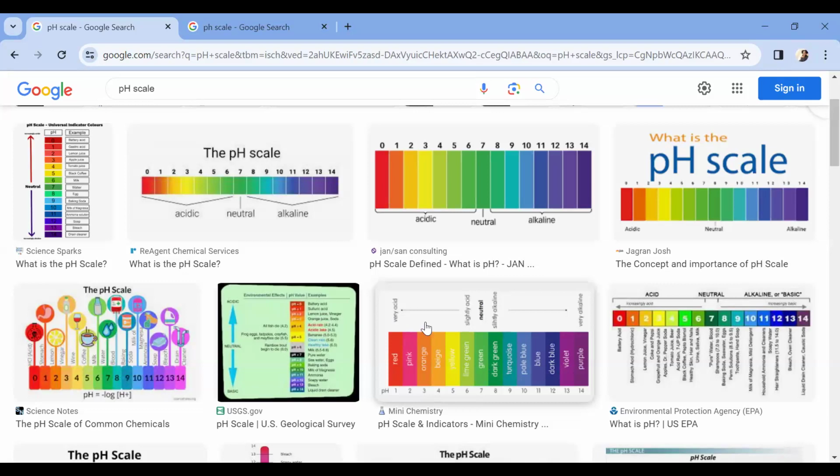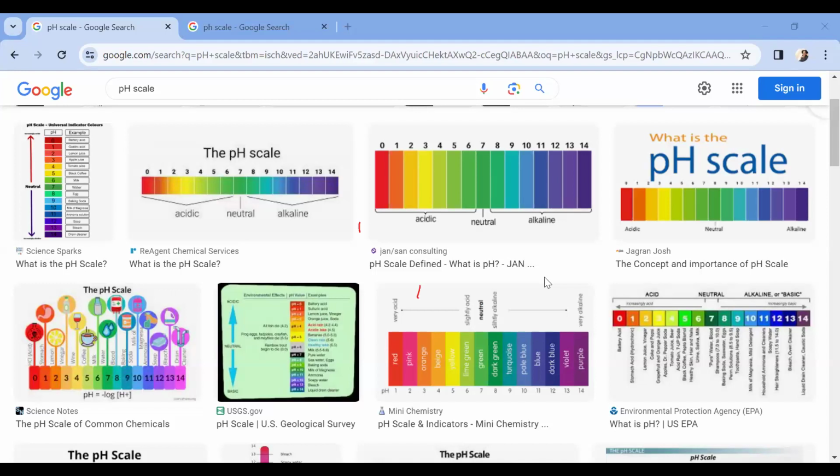So we have very acidic at red, at pink, and then of course there is slight acidic at lime green and yellow, and then neutral is green, then slightly alkaline is dark green, turquoise, and then very alkaline, we have purple, violet, dark blue. So like we'll see, acidity, the lesser the value, the higher the acidity.